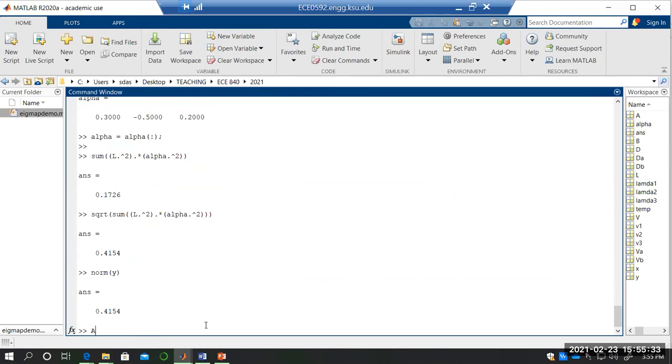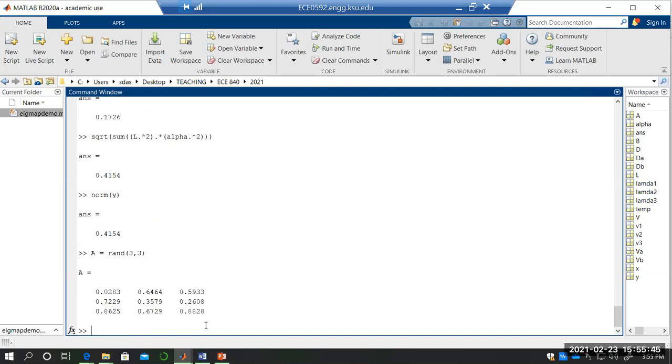Suppose A is not a symmetric matrix. Okay, then plus or minus 0.5, so that the coefficients are uniformly distributed between plus minus half.